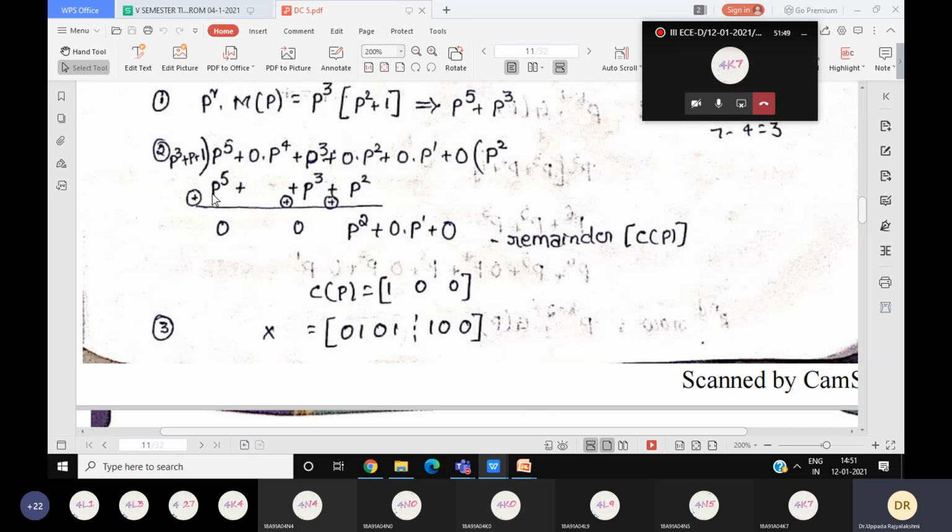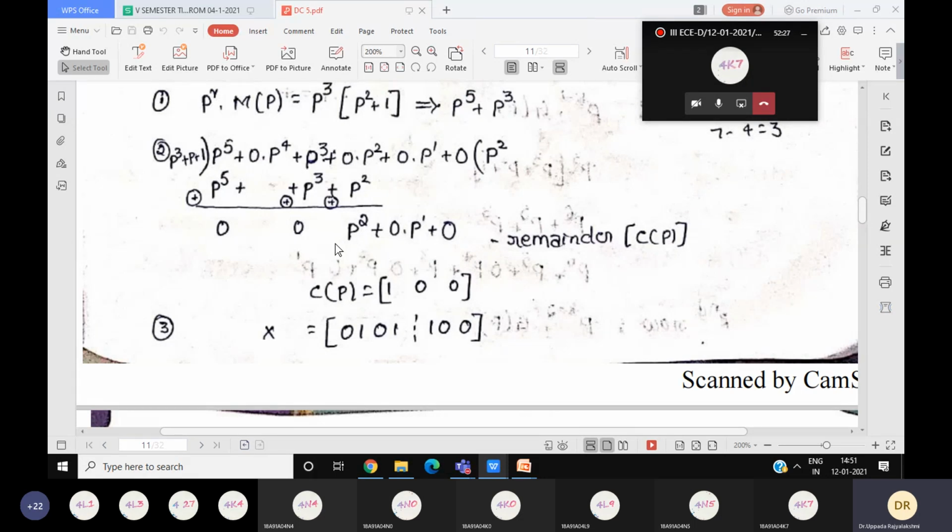So p power 5 and the extra p power 5, same values, so you will get 0. And this is already 0. 0 into p power 4 is 0. Leave it. And p cube XOR p cube is 0. And 0 into p square is of no value. So we have only p square. Take that down. So p square plus 0 into p power 1 plus 0 into p power 0. So what is the remainder? Remainder is 1, 0, 0. Why am I writing the remainder as 3 bits?